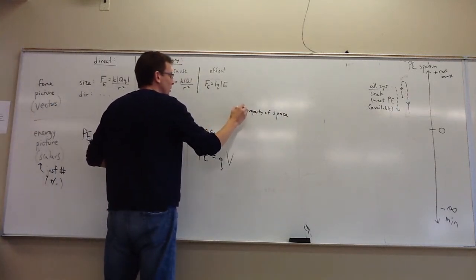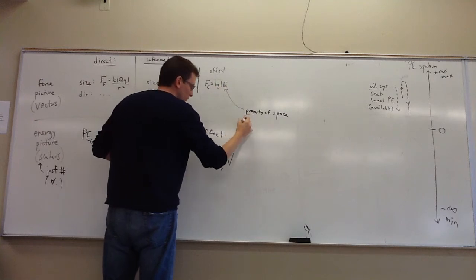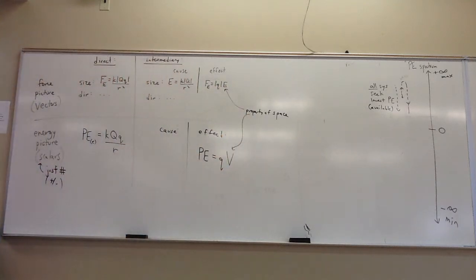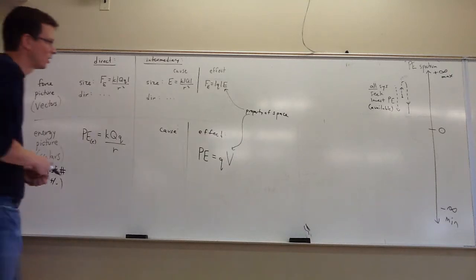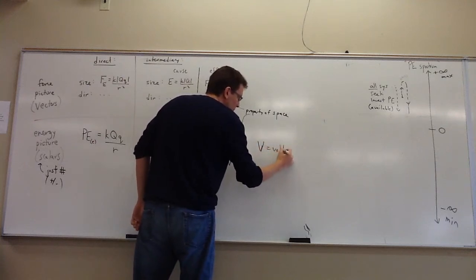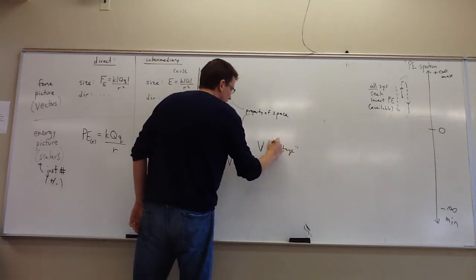So a given location has an electric field, a given location has V, which is called voltage, okay? So V stands for voltage. I'll talk about that in just a second.